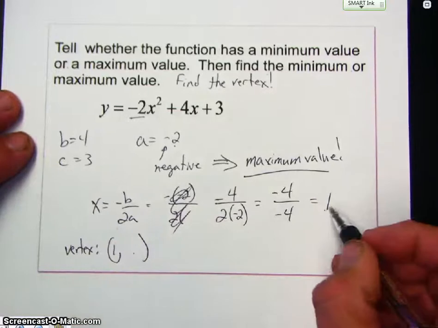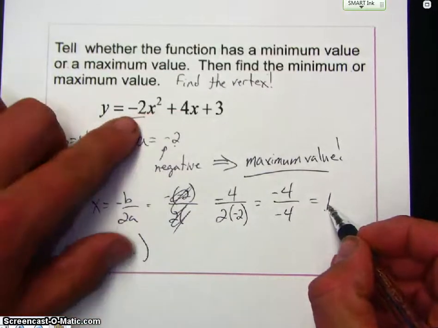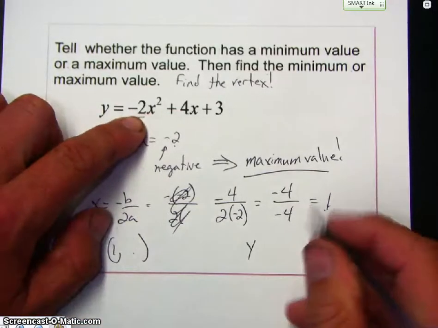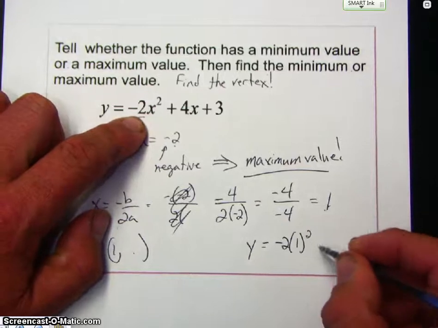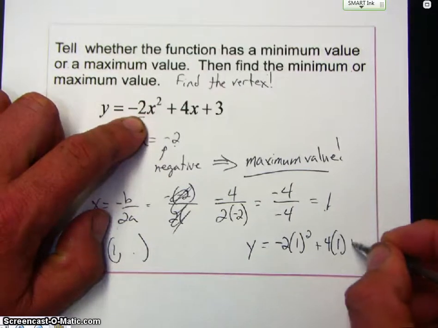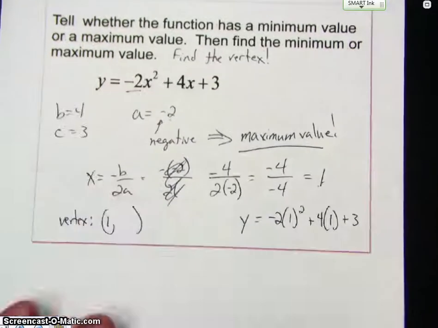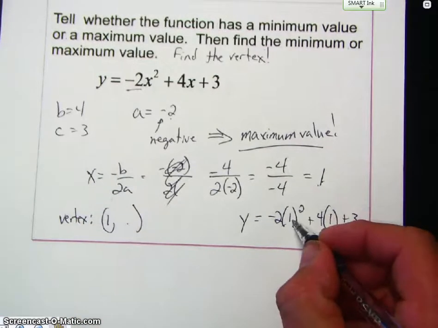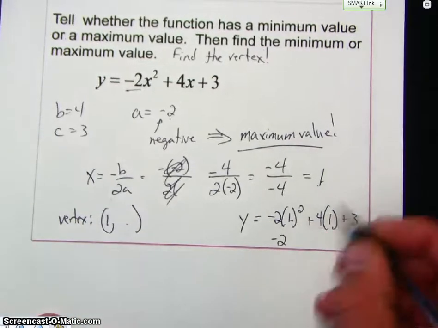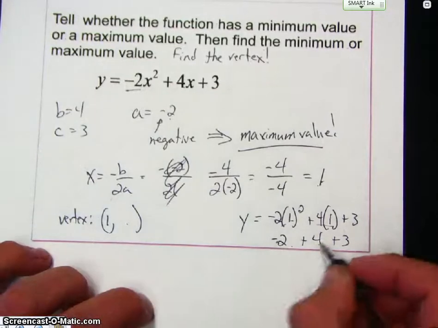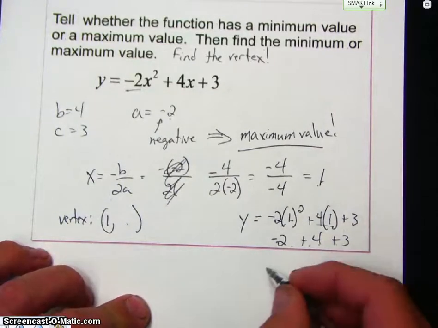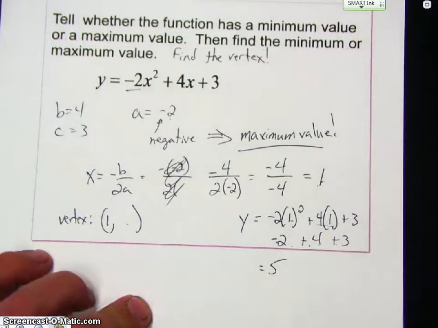To find the y-coordinate, I take 1 and plug it in for x. So I take negative 2, plug in 1 for x, and do order of operations. This becomes 1. 1 times negative 2 is negative 2, plus 4 and 3. So negative 2 plus 4 is 2, plus 3 gives me 5.